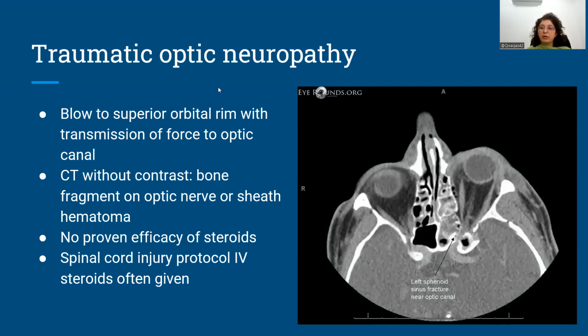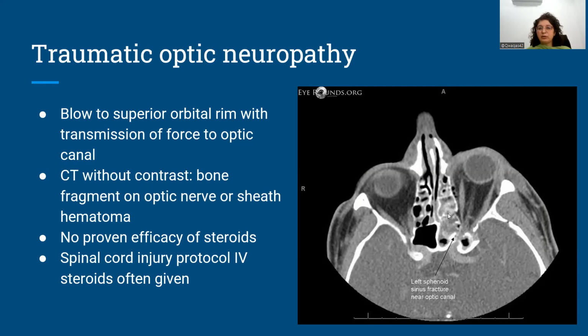Next, we move on to traumatic optic neuropathy. Traumatic optic neuropathy is an injury that damages the optic nerve that carries the vision from the eye to the brain. A severe blow to the superior orbital rim can transmit this force to the optic canal. On CT over here, this is a great example.